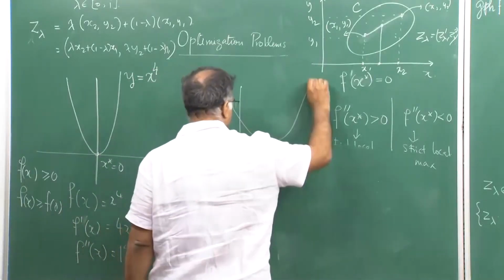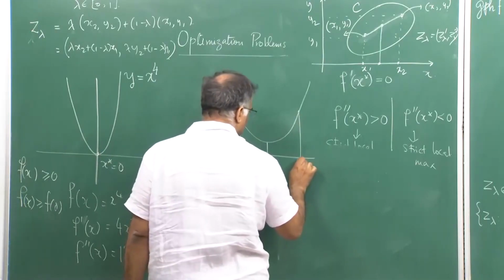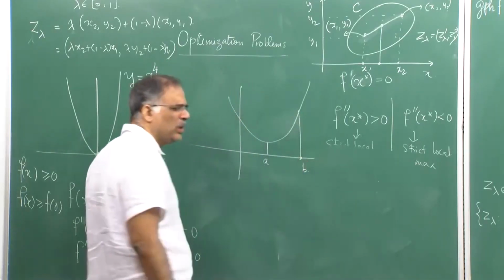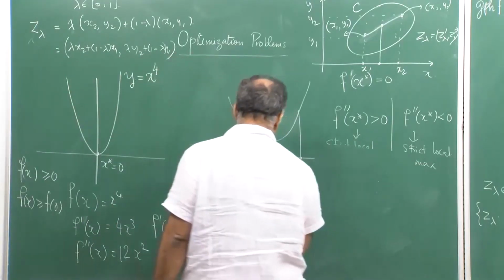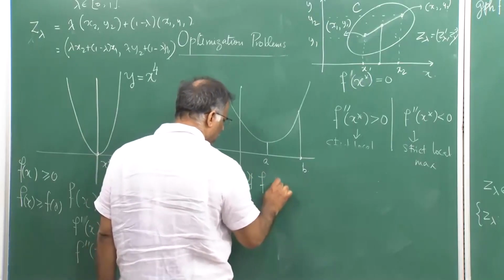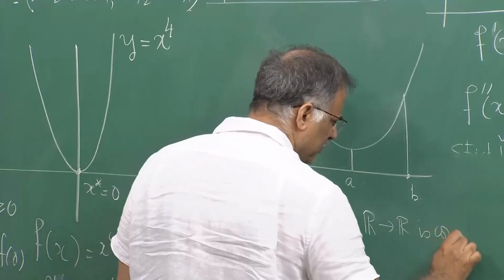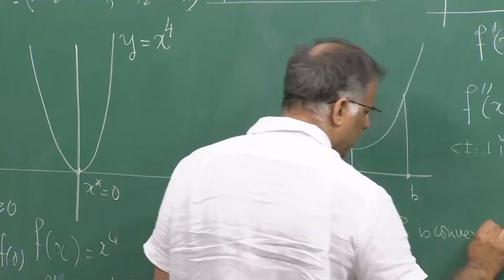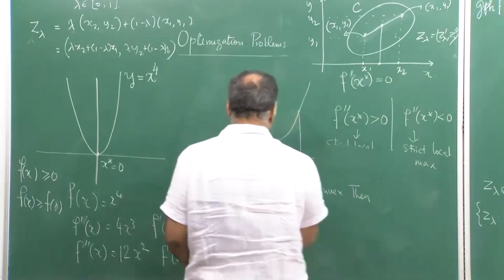So, if you want to minimize a convex function over an interval a b, then there is no local minimizer. Every local minimizer is global. So, if f from R to R is convex, then it does not matter.